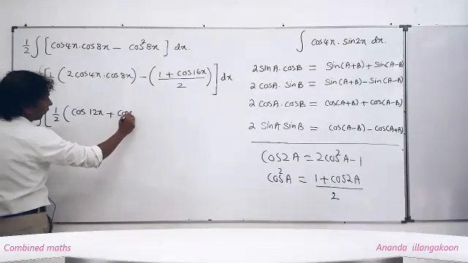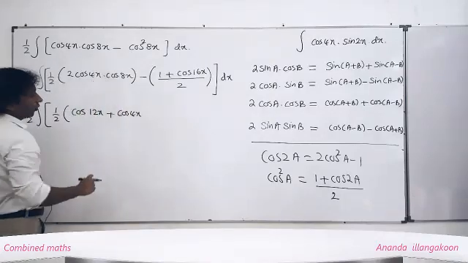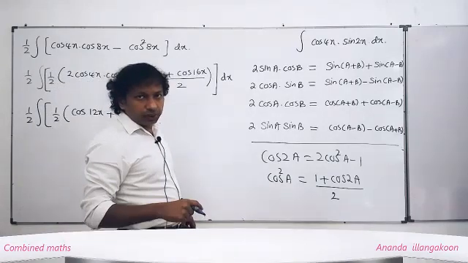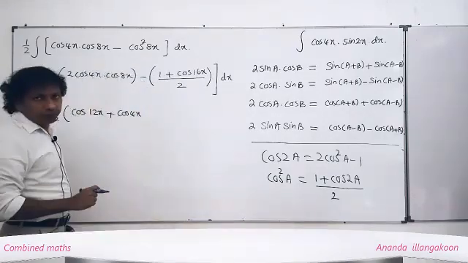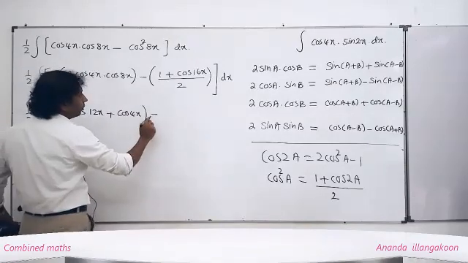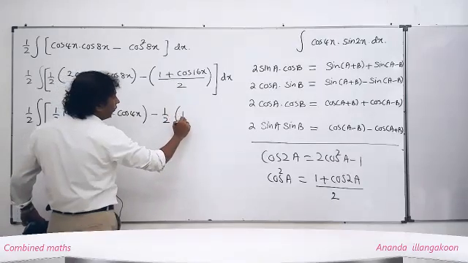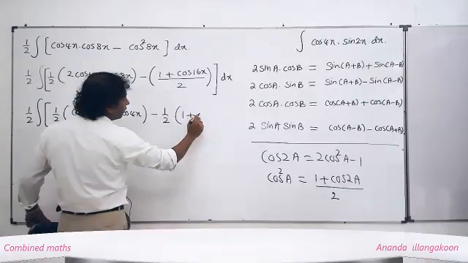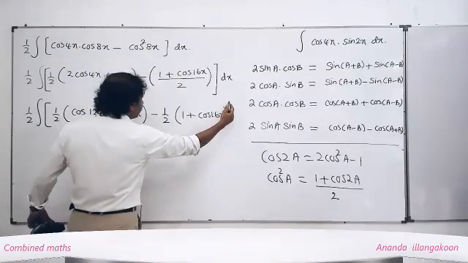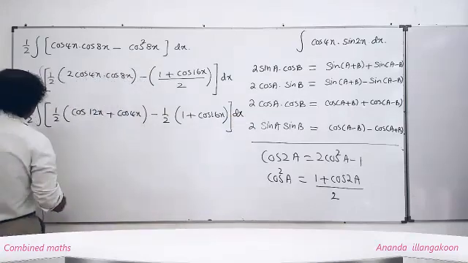Cos 4x. Cos minus 4x. Cos minus theta is cos theta. Therefore, we can ignore this minus sign. Here, we can write, take this half, 2 out, then half, 1 plus cos 16x, dx. Right. Now integrate one by one.